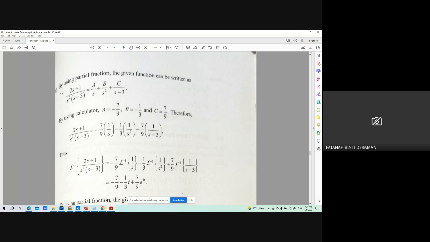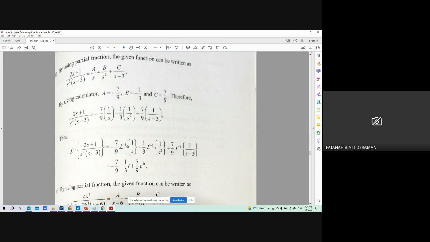So we need to do the partial fraction first, A over s plus B over s squared plus C over (s minus 3), and find A, B, and C. Once we find A, B, and C, we complete this equation. So what we will have is this, and from here we can get directly from the table.